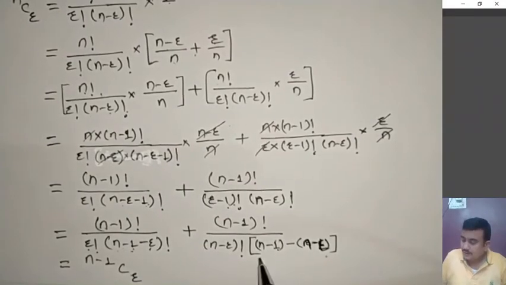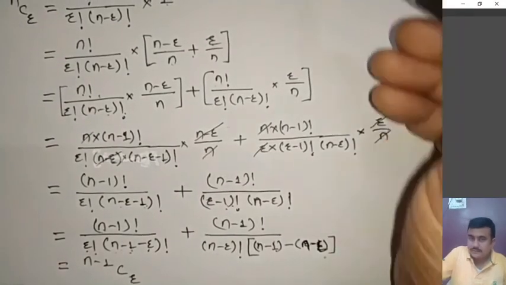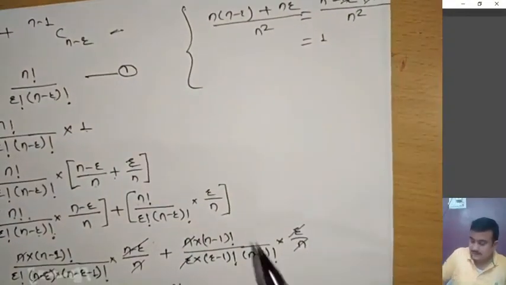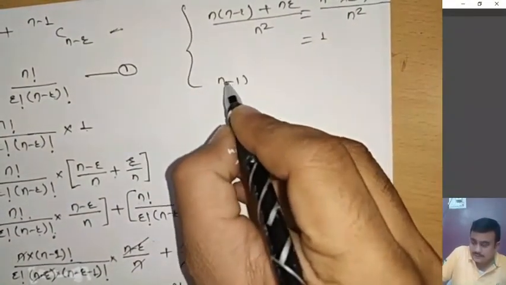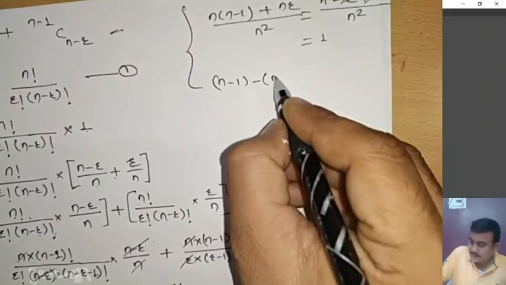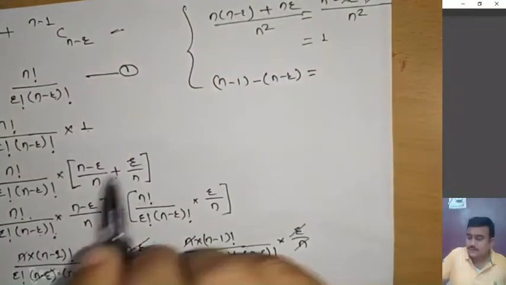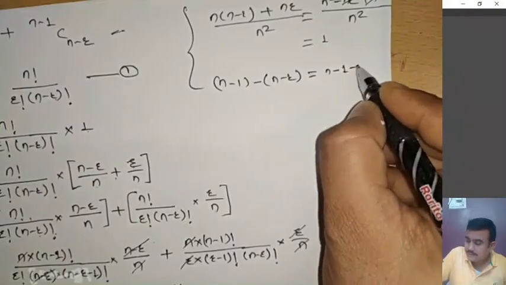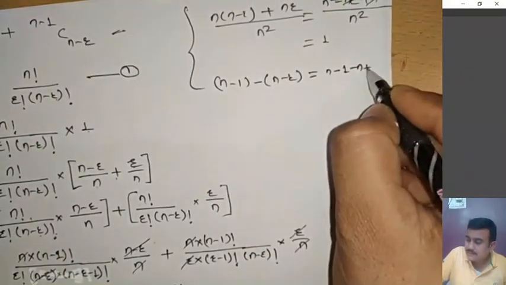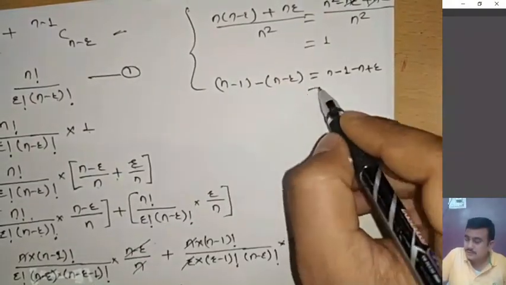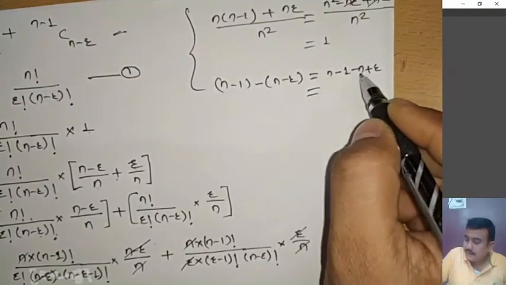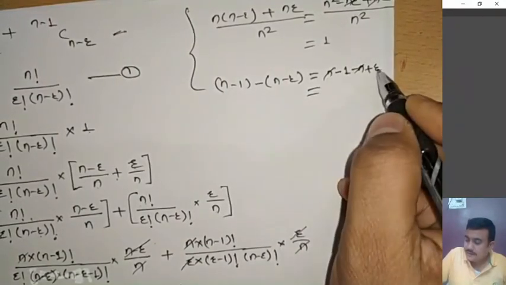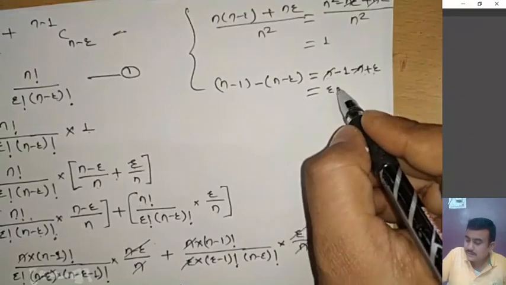So when solving this bracket, I'm solving this bracket separately, n minus 1 minus n minus r is equal to, now n minus 1 minus n plus r. So n minus n cancels and plus r minus 1, that's why r minus 1.